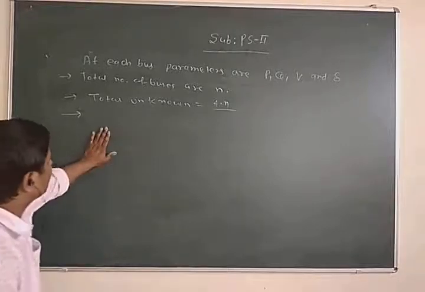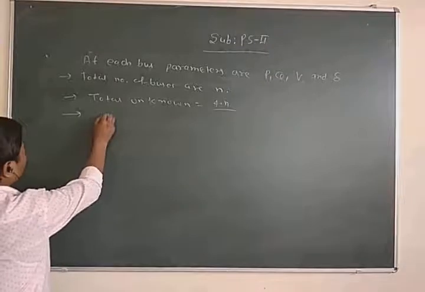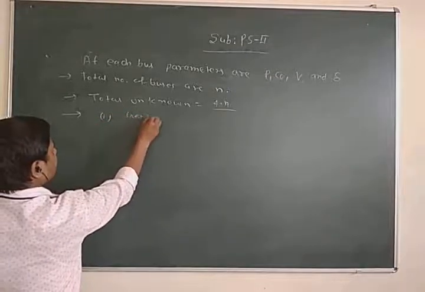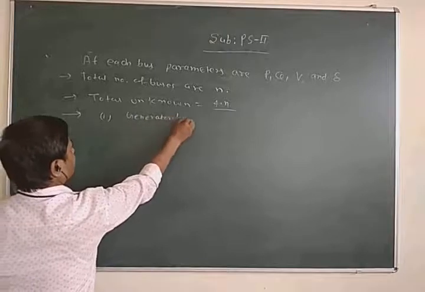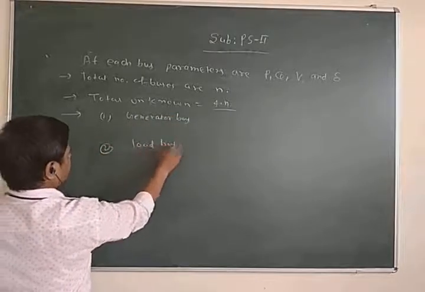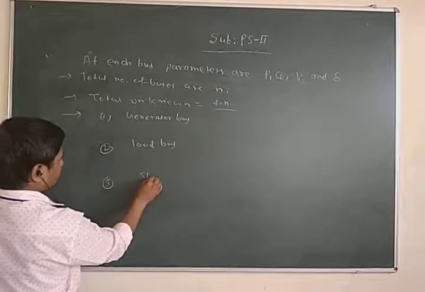Next is, in our power system, the buses are of 3 types. One is the generator bus, second is the load bus, and third is the slack bus.